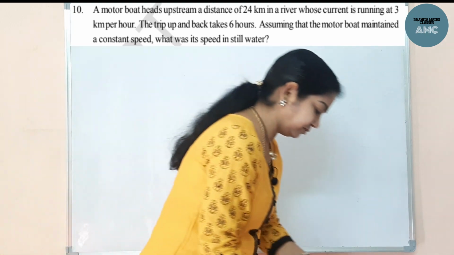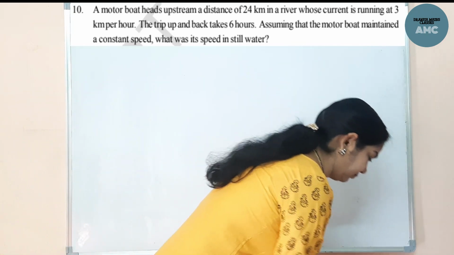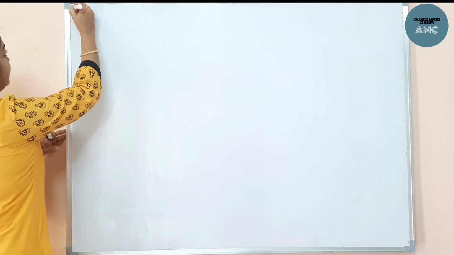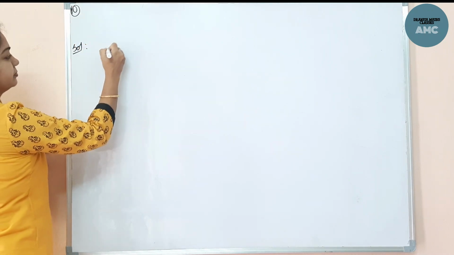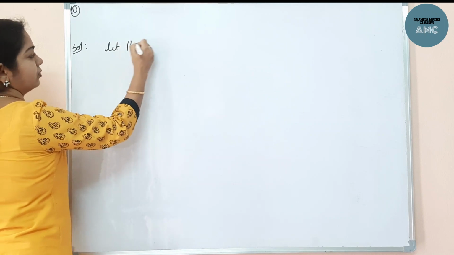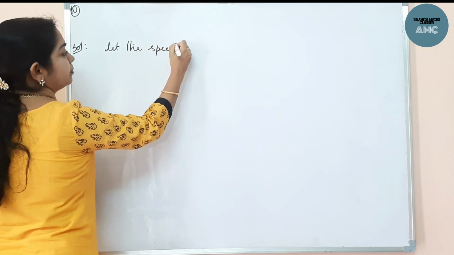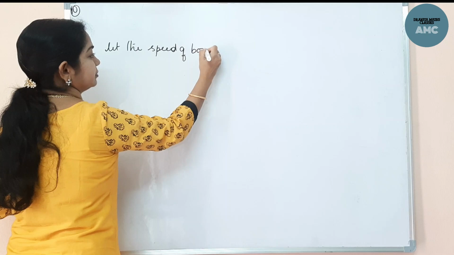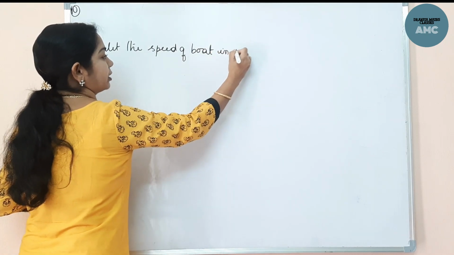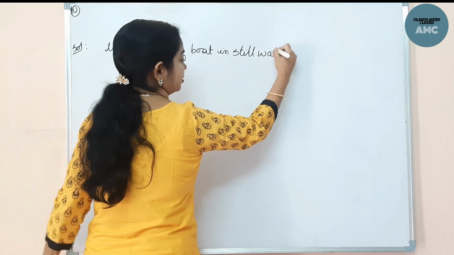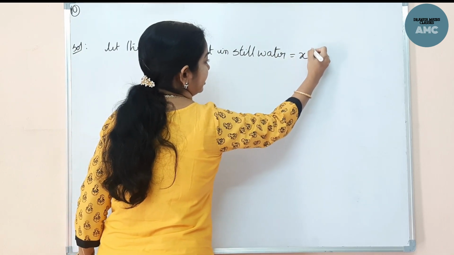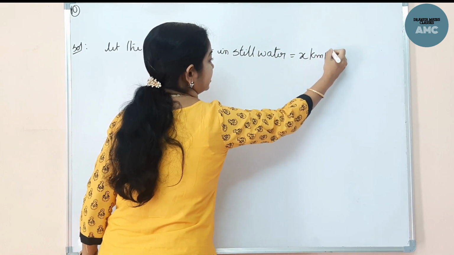Now let us assume, this is the 10th problem, let the speed of the boat in still water, it's maintaining a constant speed, isn't it, be x kilometers per hour.